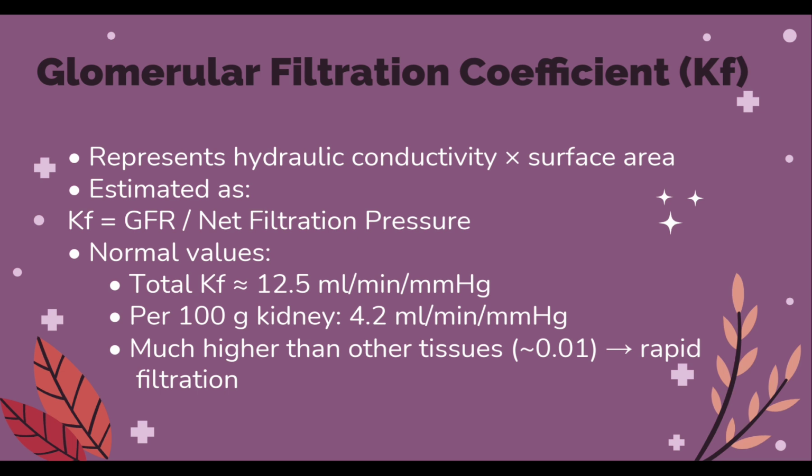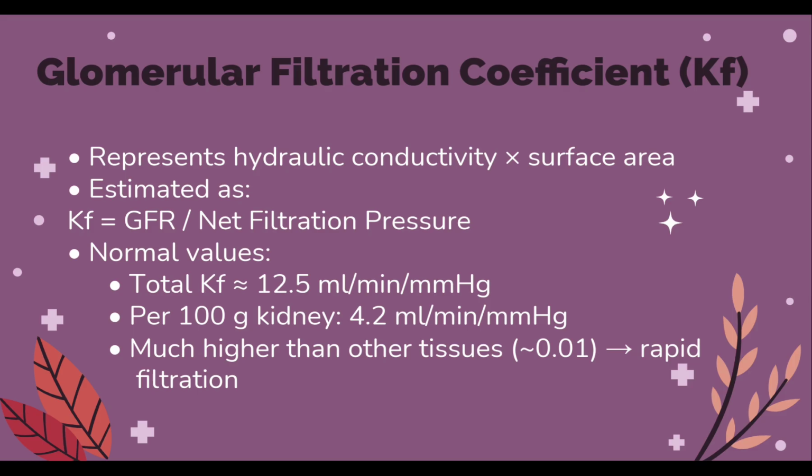The glomerular filtration coefficient represents the hydraulic conductivity and the surface area. We can't measure Kf directly, so we usually get an estimated value. The equation for the estimated value is to divide the glomerular filtration rate by the net filtration pressure.